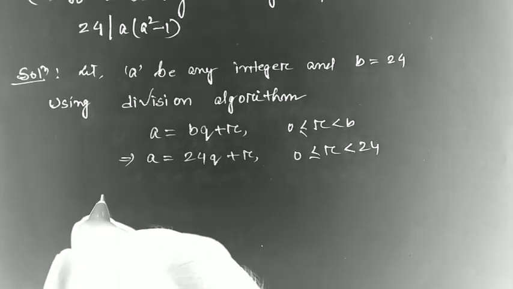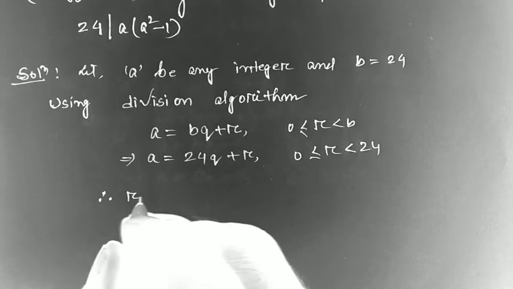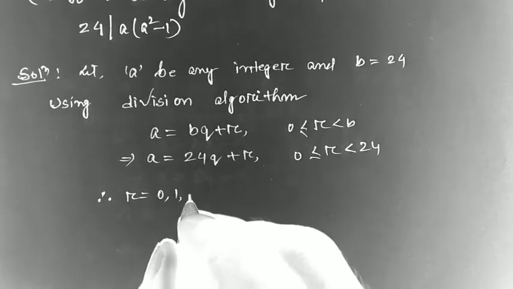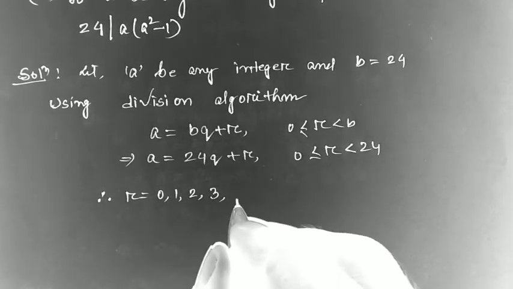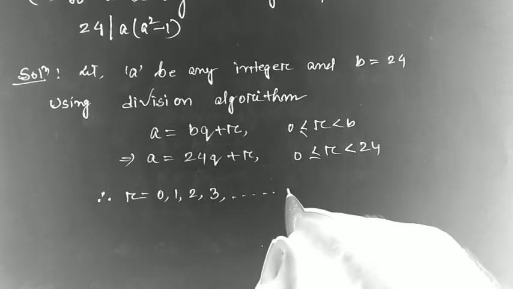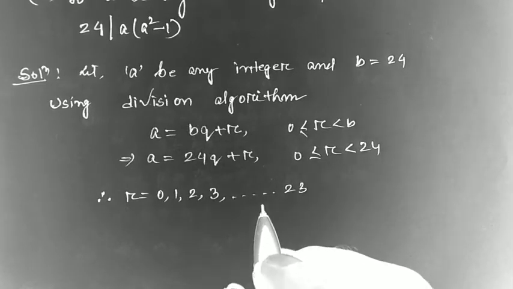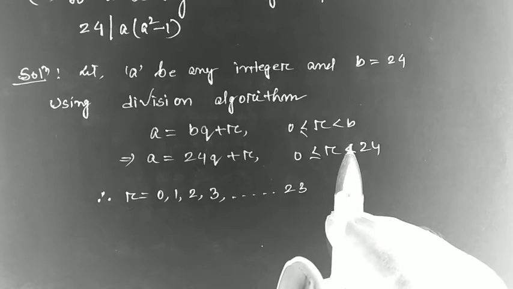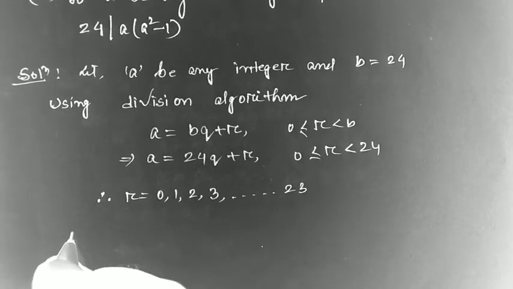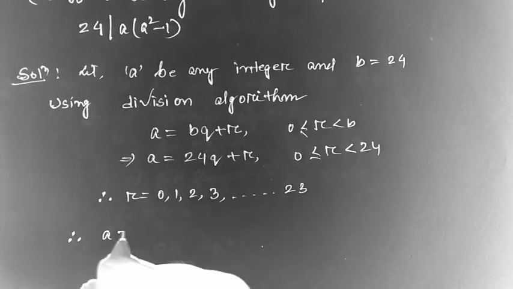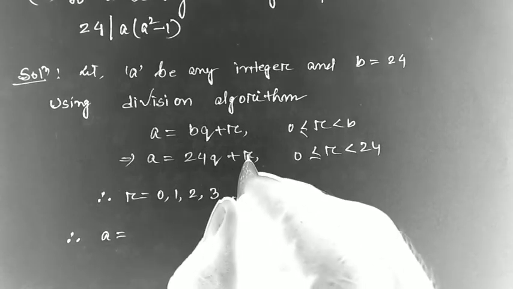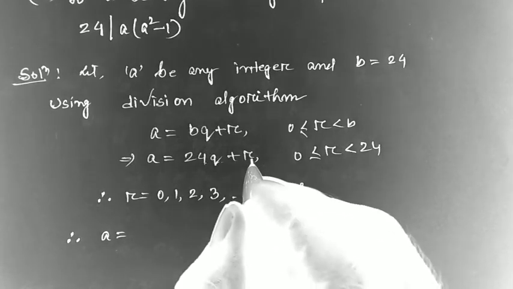Now see, since this is a very long value of b, possible values of r will be 0, 1, 2, 3. In this way we will get up to 23, no? 1 less than the value of b. So the values of a will be, if we put 0, 24q plus 0, 24q.